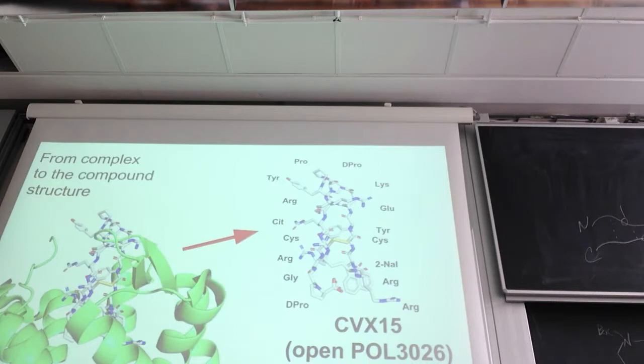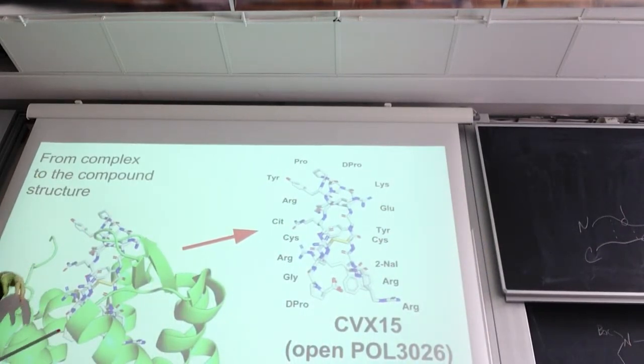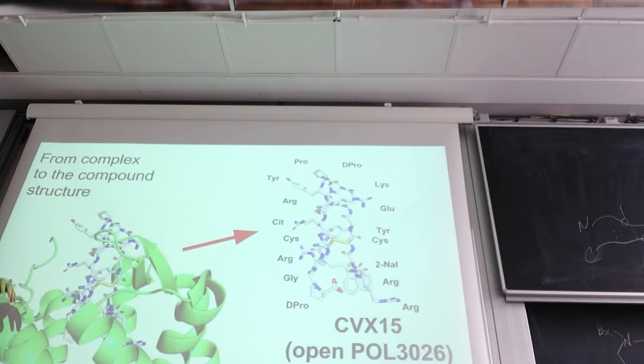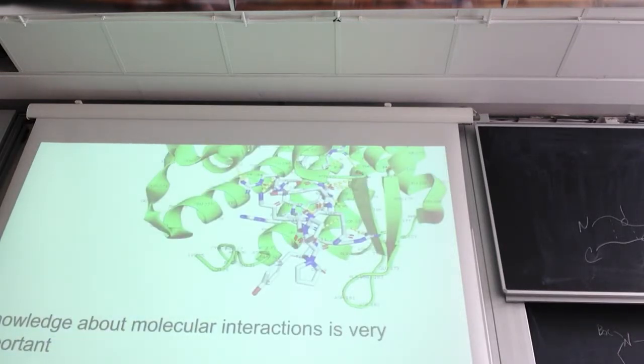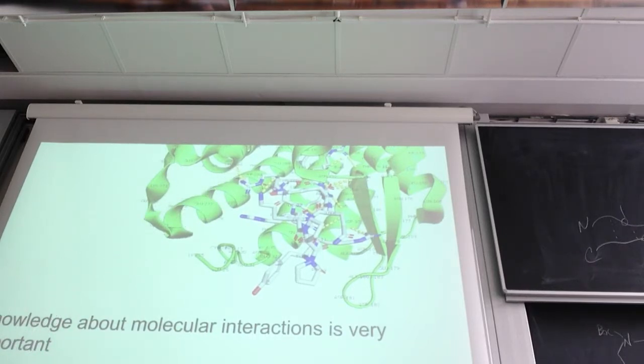This one is turned to the protein and this one is turned to the solvent. But in our case, this concept doesn't work because our molecule dipped into the pocket of the protein. So we also have to think about different molecular interactions. It's very important. You can see hydrogen bonds with yellow dashes.